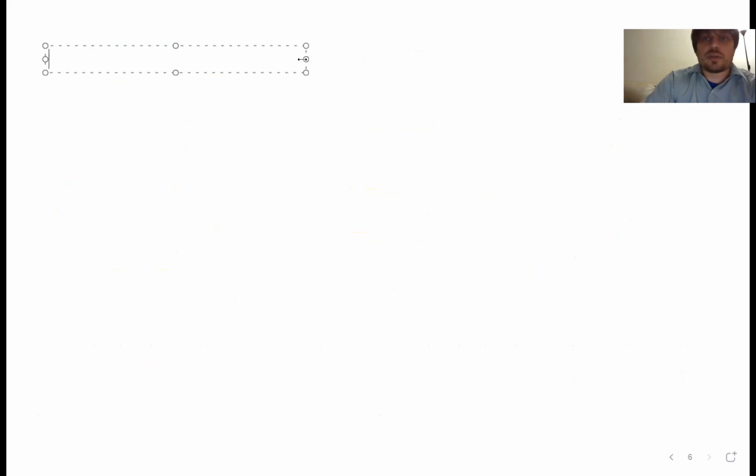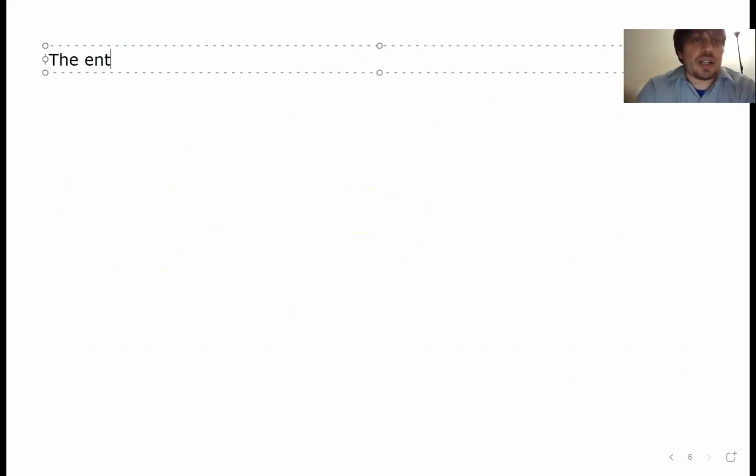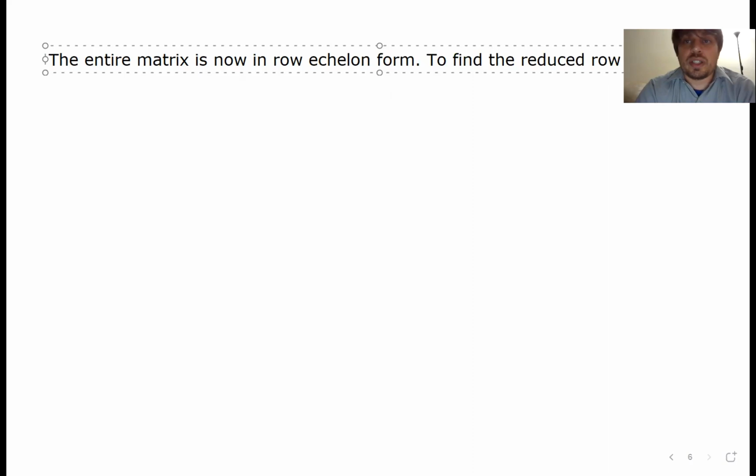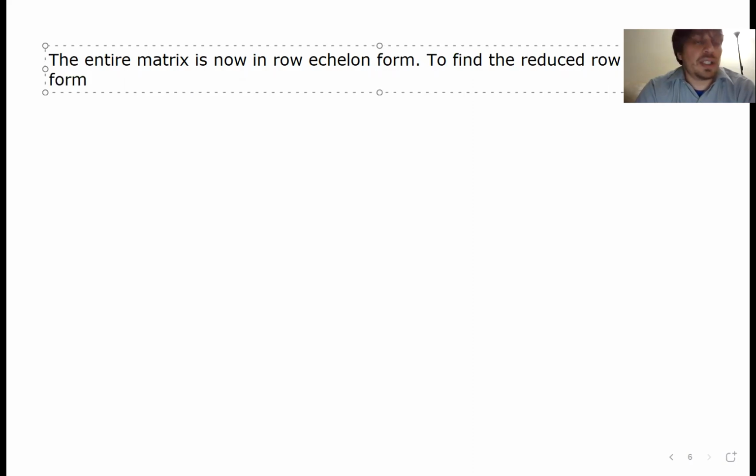Okay, so the entire matrix is now in row echelon form. To find the reduced row echelon form, we need the following additional step 6.